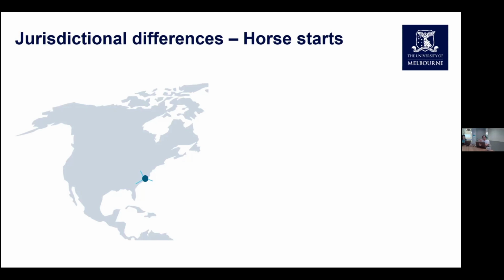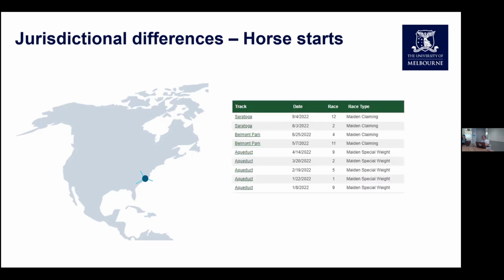So looking at the horse starts jurisdictionally, and why this might also influence our injury risk jurisdictionally, we can see very similar patterns in their horse career and race starts, where in the US, the lower level horses, and I've just pulled an example of one horse, just a maiden claimer, would go around to each race meeting and then have several race starts at that race meeting.